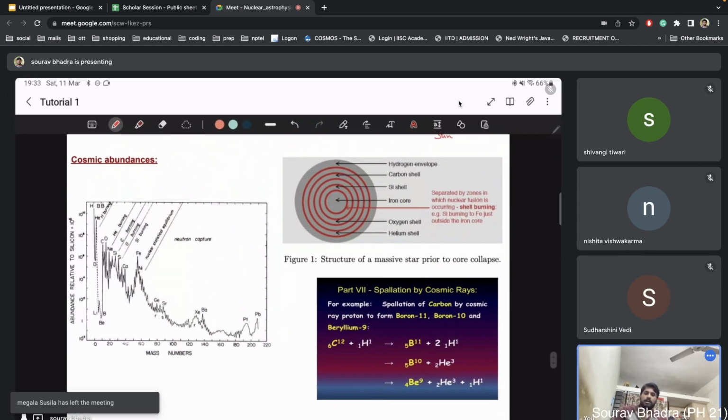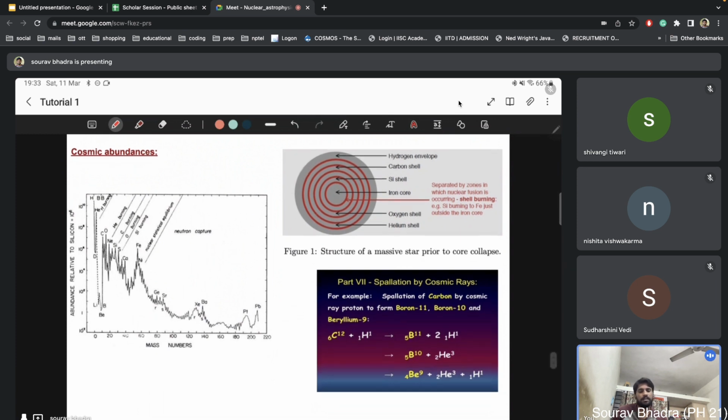Okay, so that is the abundance, the elemental abundance. Elemental abundance means the elements which are in the universe. So it is not fully hydrogen or fully helium, there are all the elements.